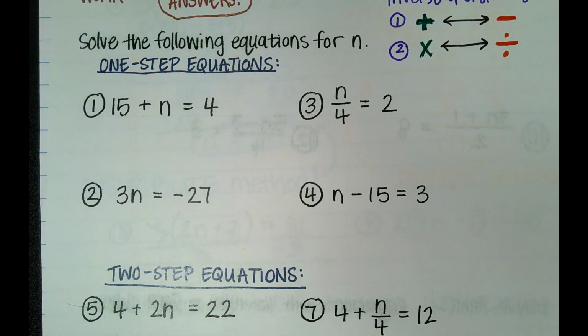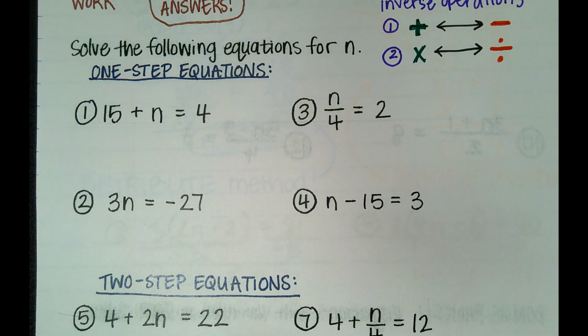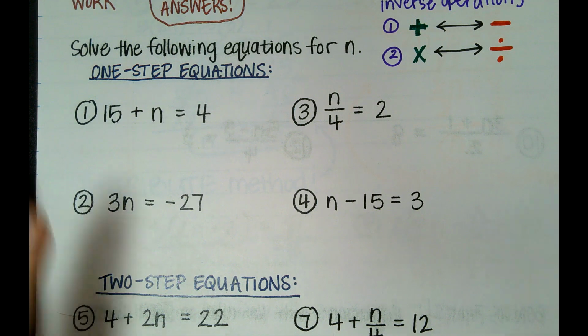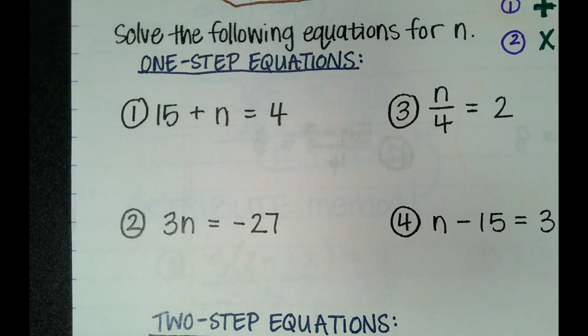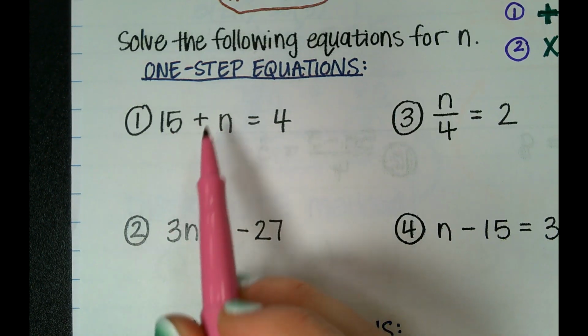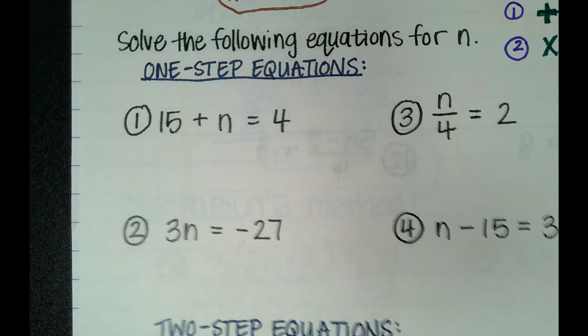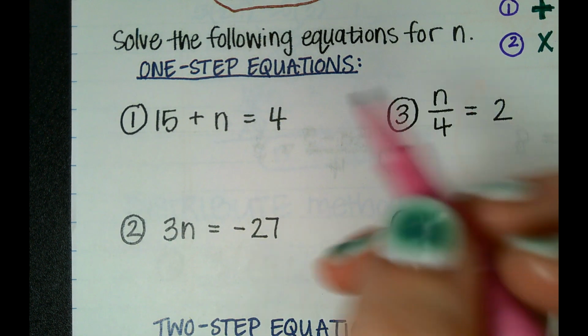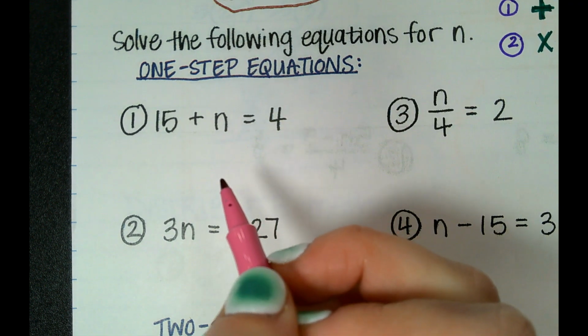Okay, so numbers 1 through 4 are all one-step equations. In each one of these, you're going to either multiply, divide, add, or subtract to get n by itself. So let's look at number 1. 15 plus n equals 4. What do I subtract?